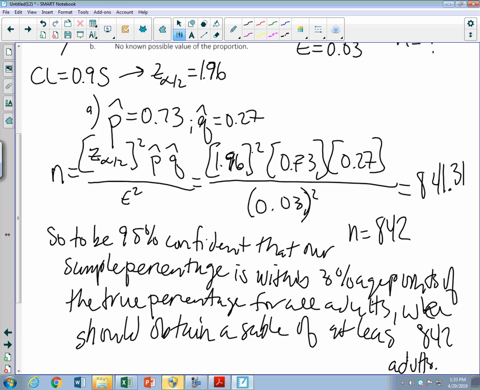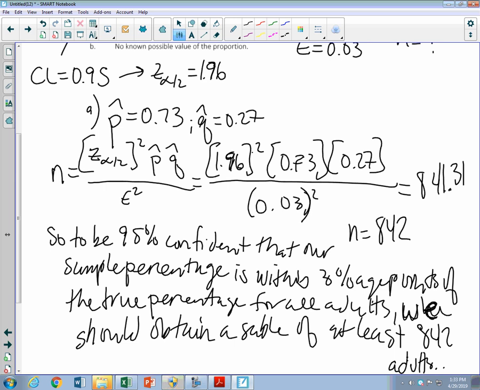Good. So we need at least 842 adults to have a confidence level of 95% and a margin of error within 3 percentage points.